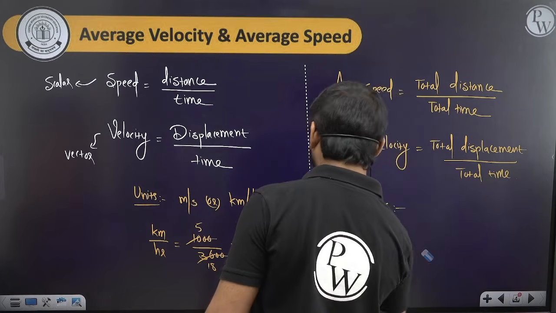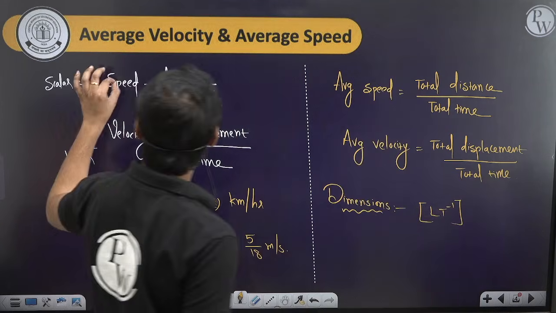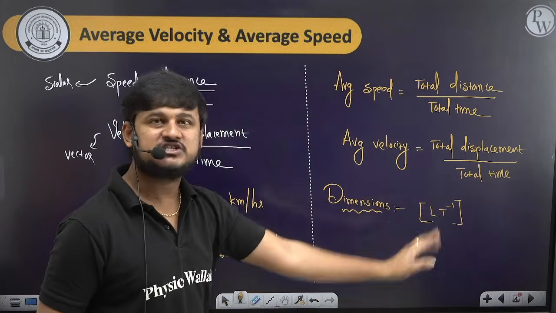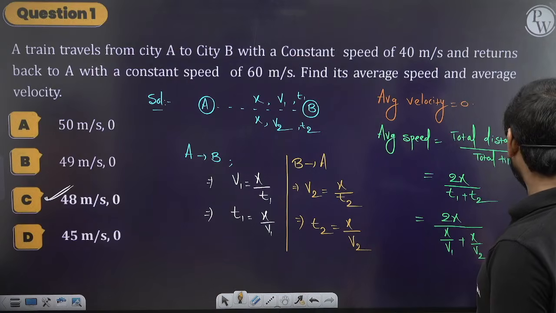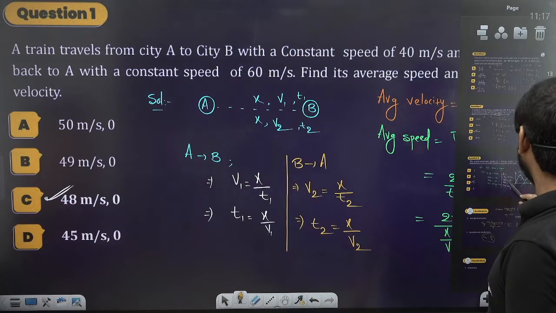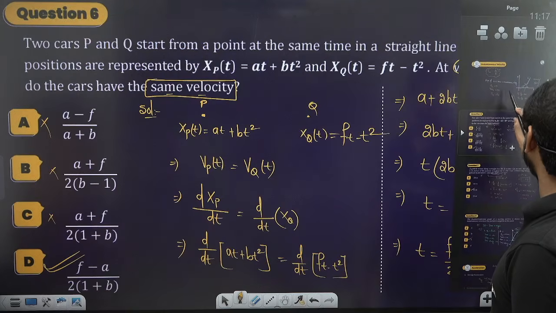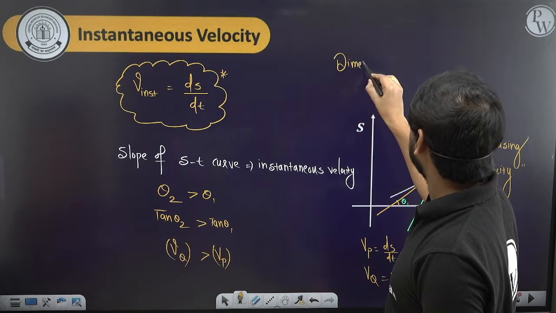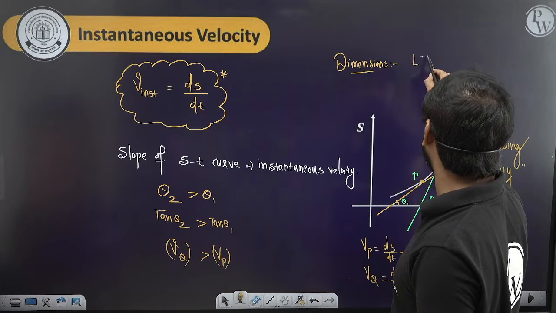So for speed and velocity, average speed or average velocity, the dimensions are L t to the power minus 1. The same will be true for the instantaneous ones also. So here also the dimensions are L t to the power minus 1.